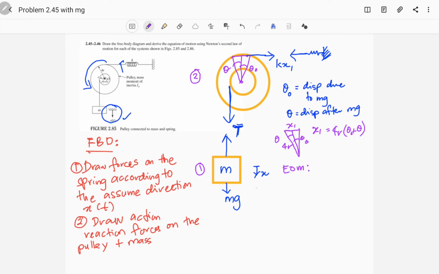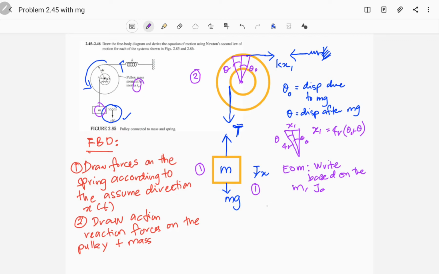So the first equation, you write based on the mass. For EOM, you have to write the equation based on the mass and the J or J naught. We call the pulley J naught and the mass M here.